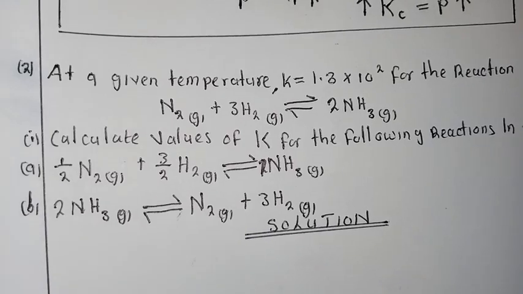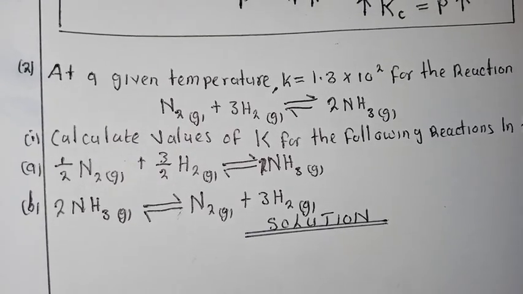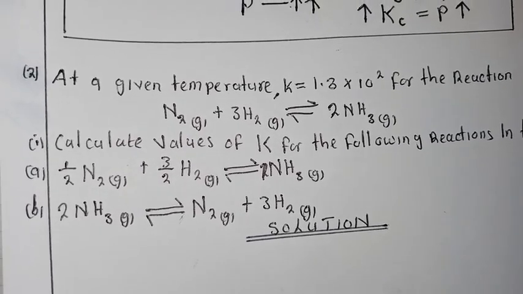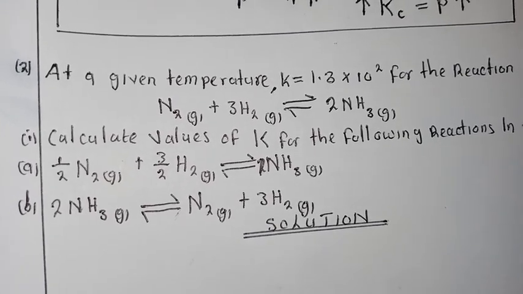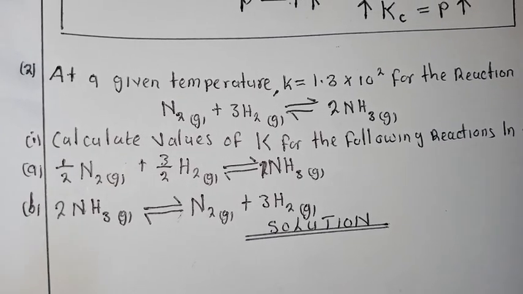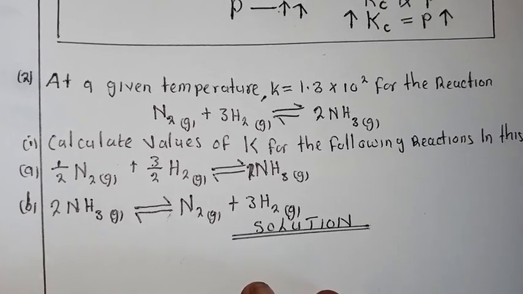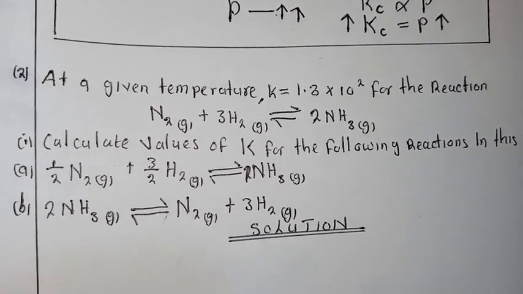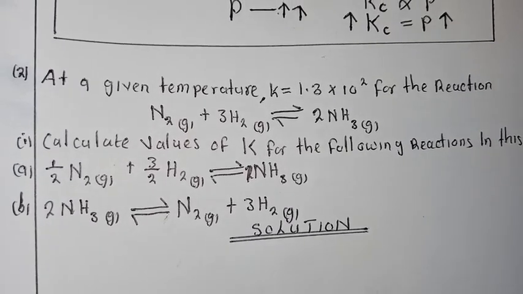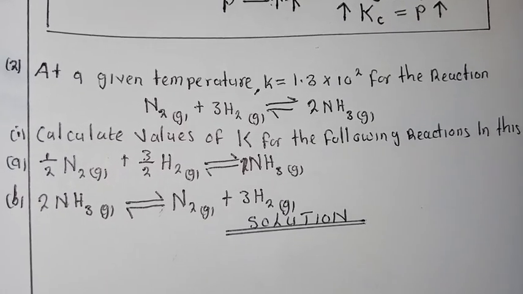It's just a simple concept. You can use the same concept I've used in the first question, and it will give you the same answer. So, they're saying we calculate the value of K for the following reactions in this question, at this temperature.